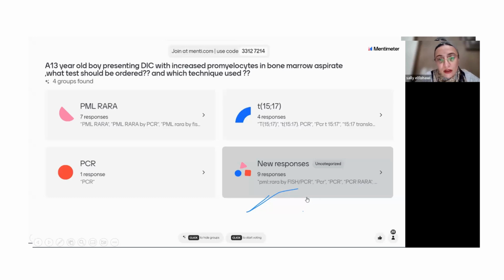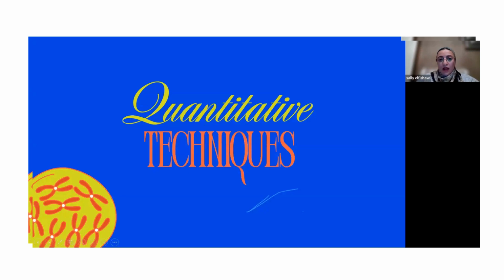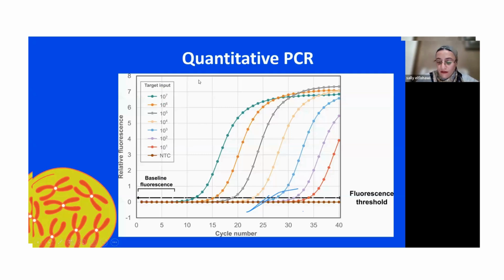How would you monitor if you're not using a quantitative technique that can measure the quantity of the target, that is the 15;17 translocation or the PML-RARA fusion gene? That gives us the advantages of the quantitative techniques.